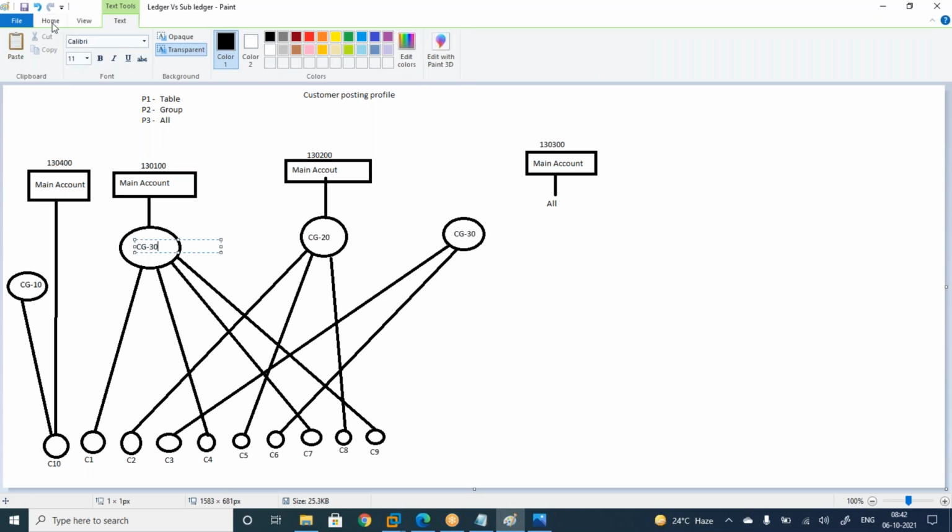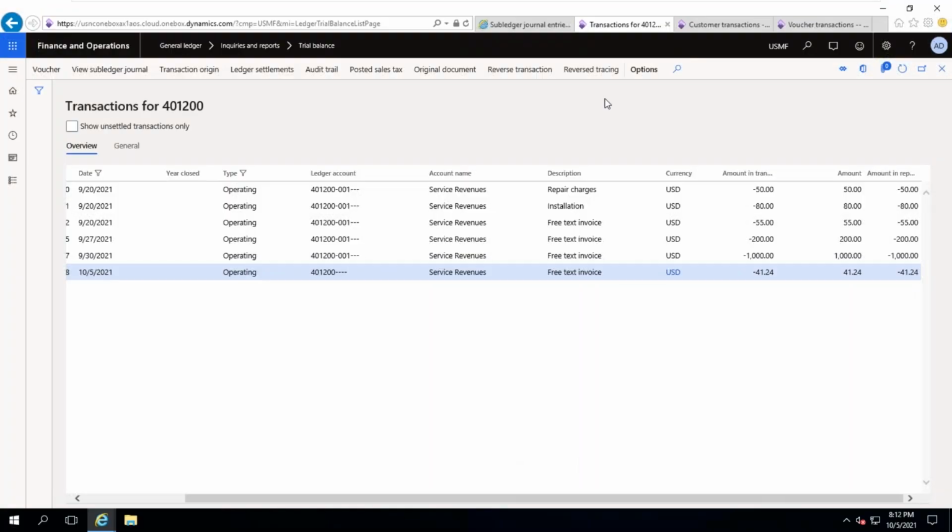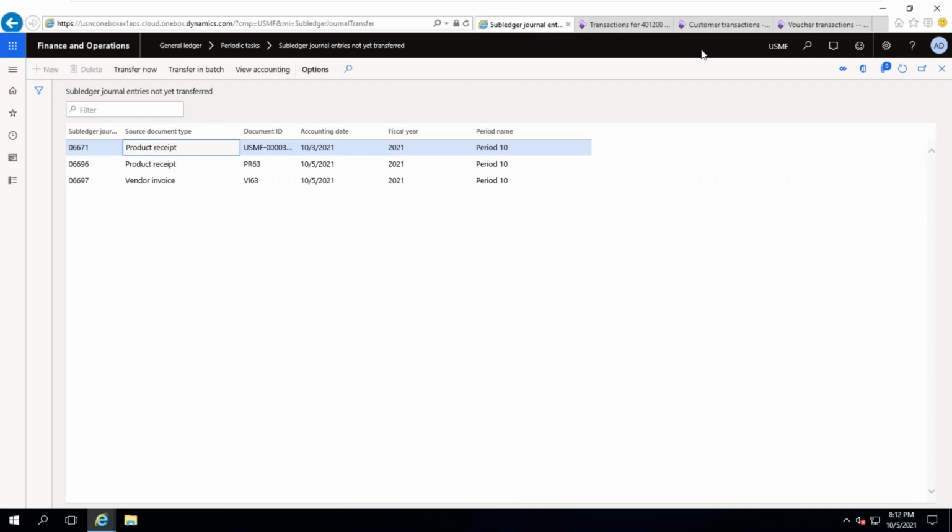And let me do it. See, in the system, it was mapped with vendor customer posting profiles. Let me go to customer posting profiles.